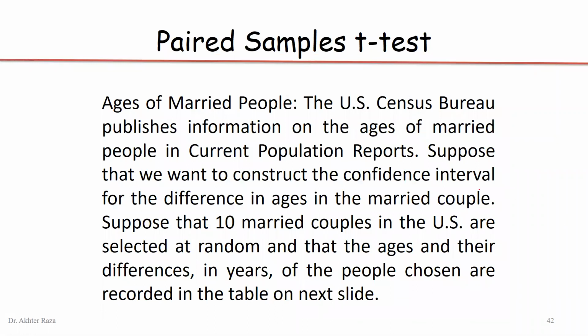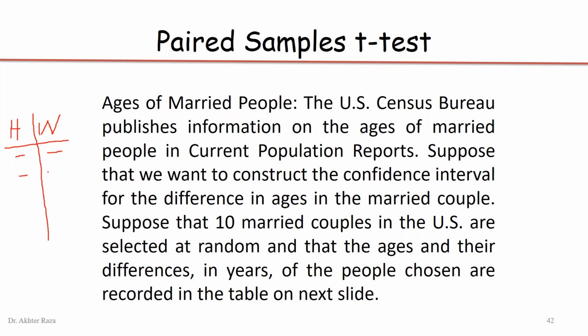Paired sample t-test: ages of married people, the husband and the wife. Age of husband at the time of marriage, and age of the wife. The two columns we have. Here we have the age of the husband at the time of marriage, and the age of the woman.